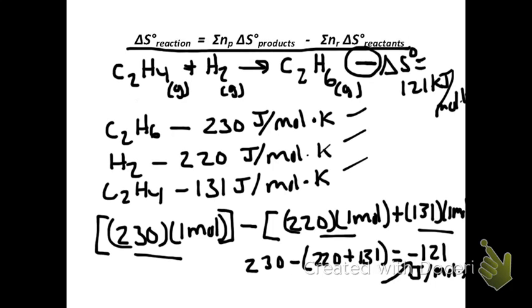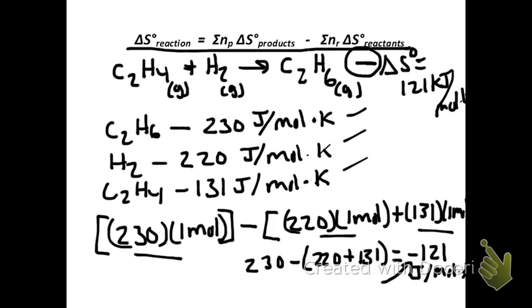Alright, so that's all for Lecture 5 on entropy. Again, there's a lot here, so I would replay this video, both Part 1 and Part 2, dissect this, and be ready for the quiz that's going to happen in class. Make sure that you can answer those essential questions. Make sure that you are able to predict if delta S is going to be positive or negative.